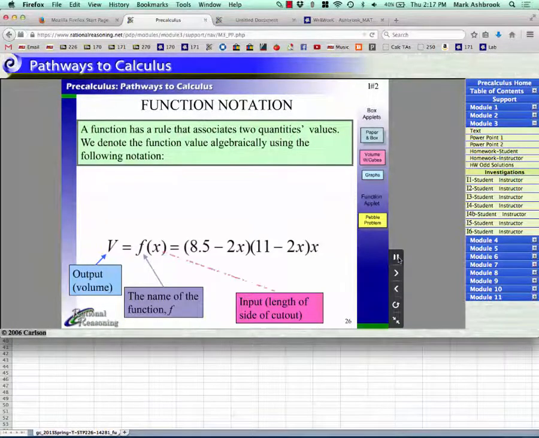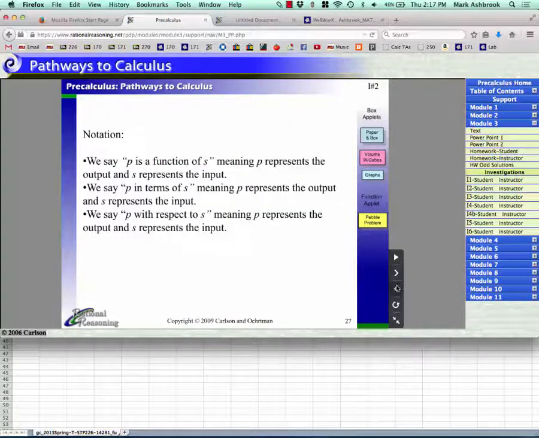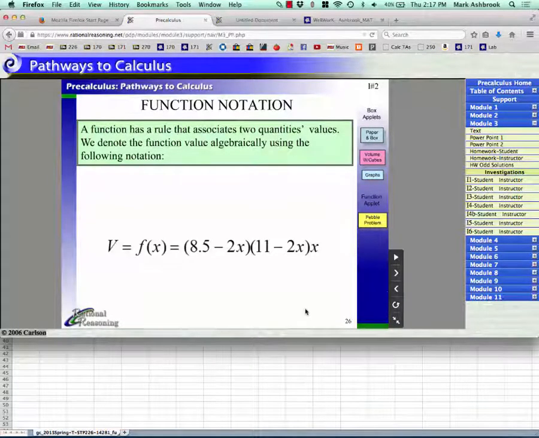And then there's input. Our input is X, and we see that here in the formula. And then that's the rule. So you have input, output, the name, and the rule. But the thing we want to work on now, which is really important, is looking at this whole thing right here.